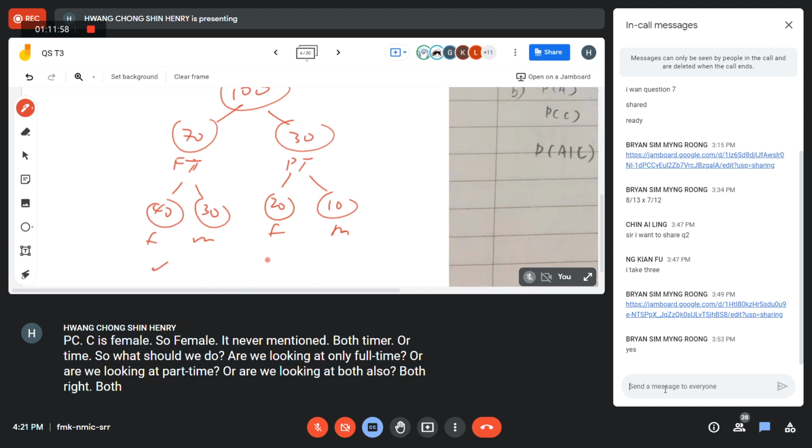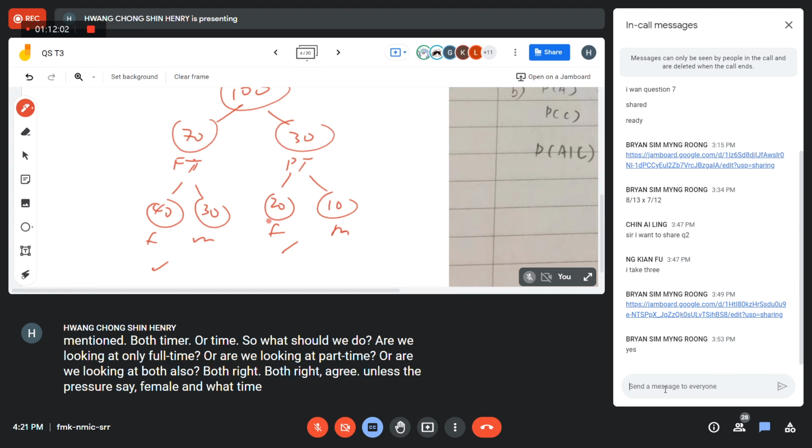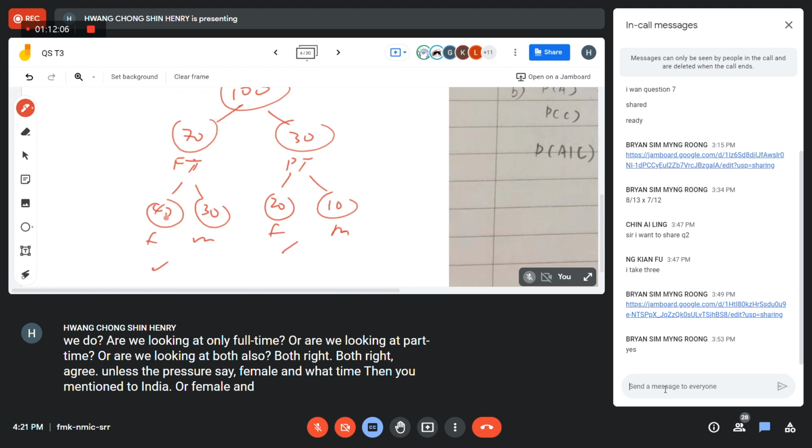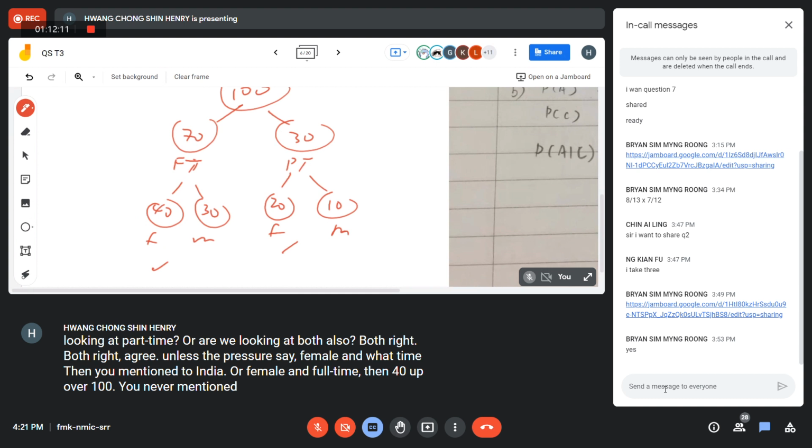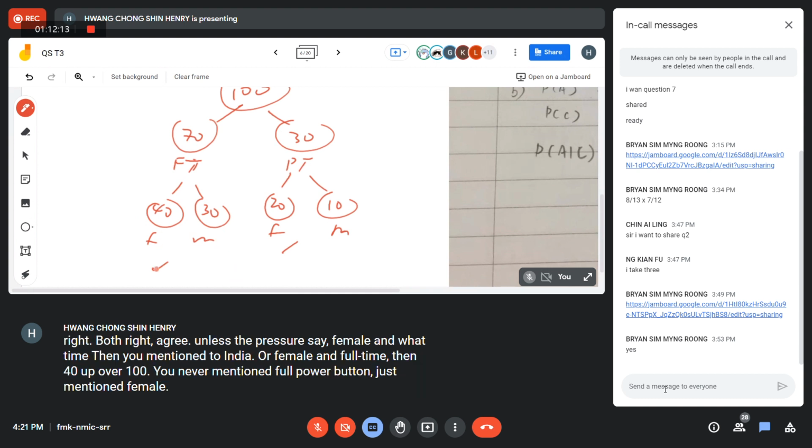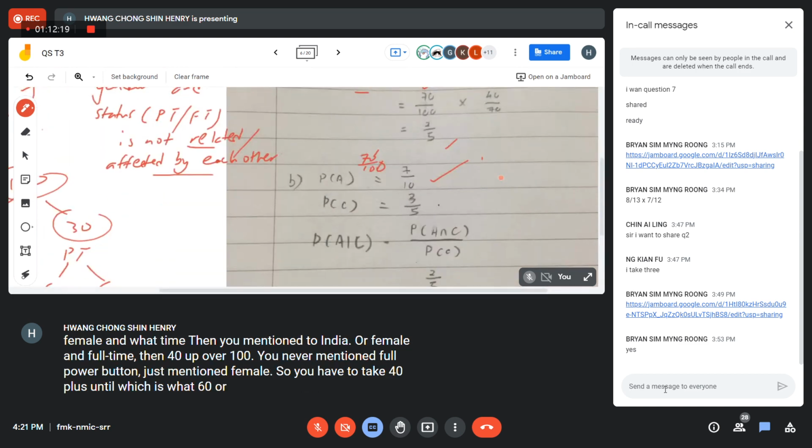Both, right? Agree? Unless the question says female and part-time, then you take 20, or female and full-time, then 40, over 100. It never mentioned full-time or part-time. It just mentioned female. So you have to take 40 plus 20, which is 60 over 100, which is 3 over 5.